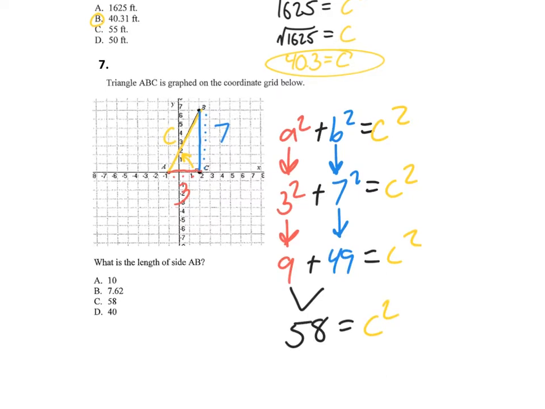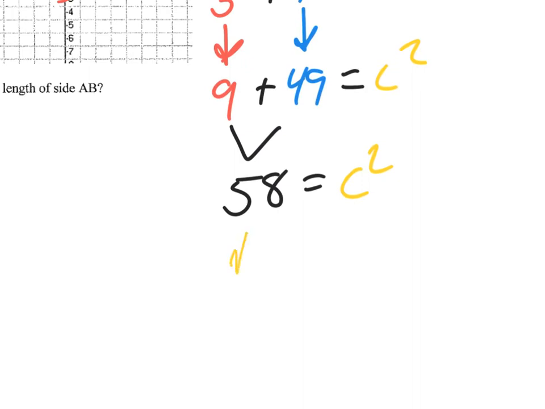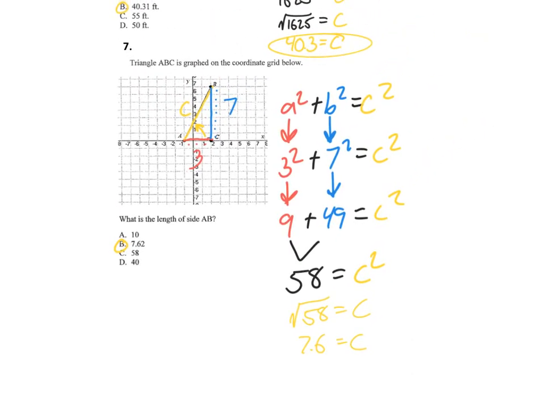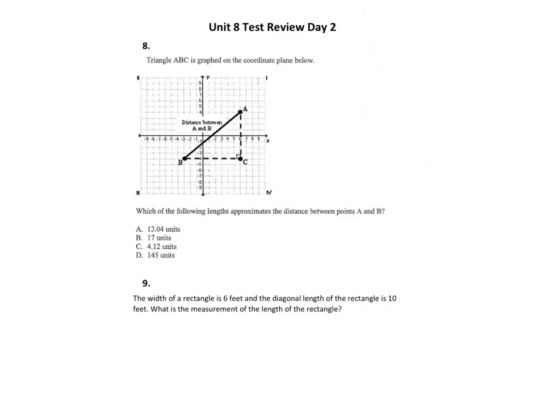And so the final step is going to be to take the square root of 58 to get C. When I take the square root, I get 7.6 is about what C is. So now I'm going to look over here and I get 7.62, which is exactly what I'm looking for. This is going to be for section with day 2.